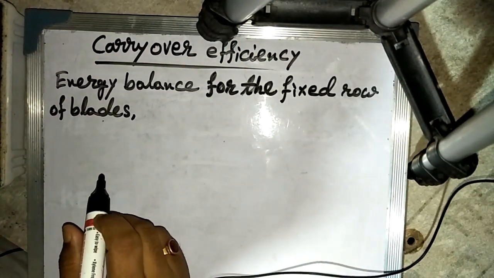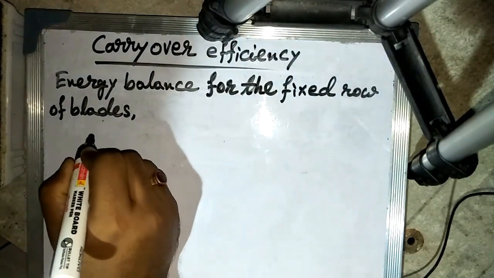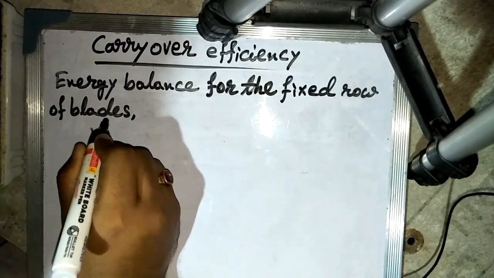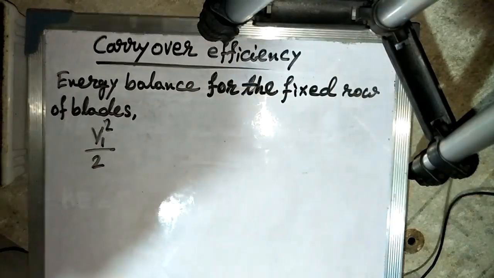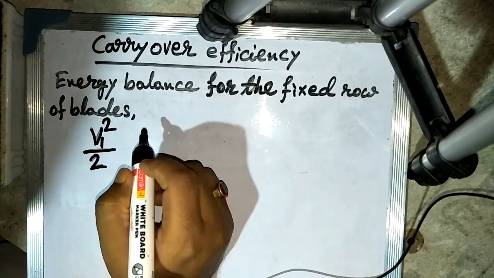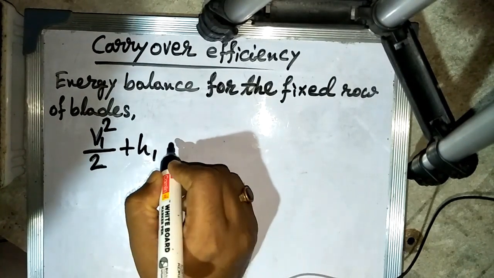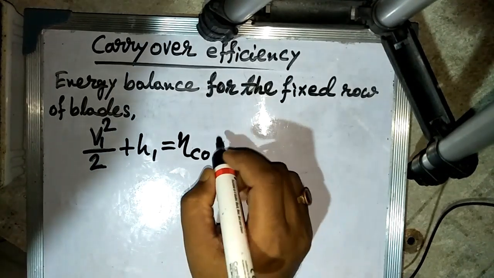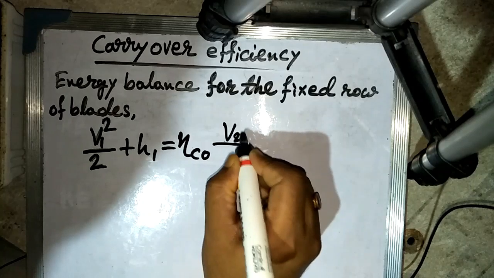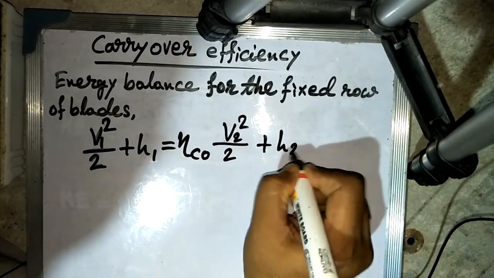So the energy balance for the fixed row of blades, we can write that V1 square by 2 plus H1 is equal to carryover efficiency into V2 square by 2 plus H2.